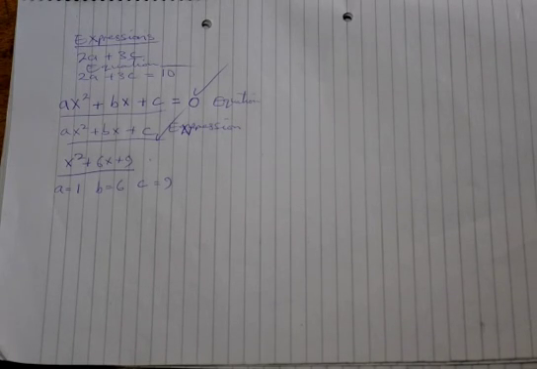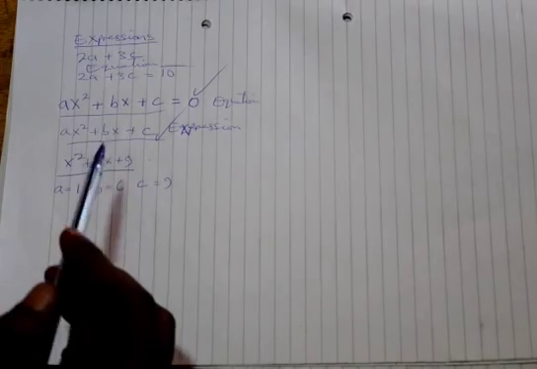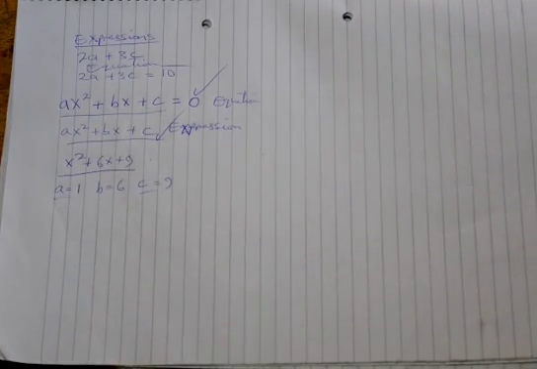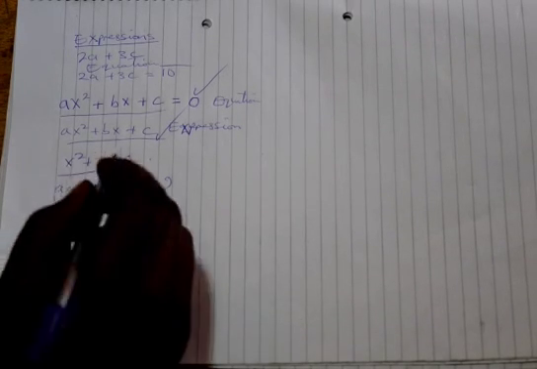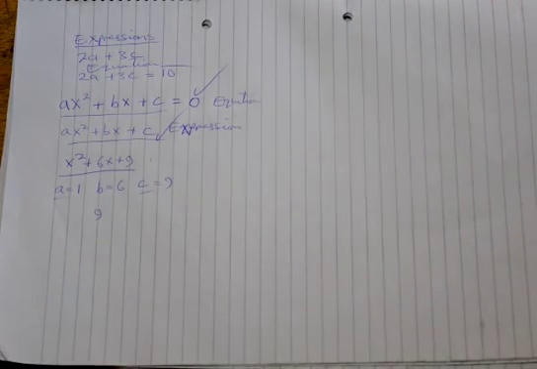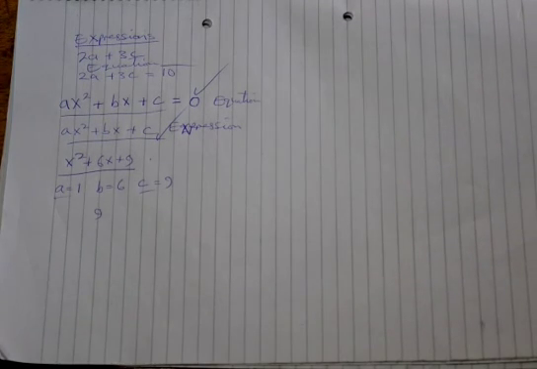Now what we do is that we check the product of a and c. For example, here we have 1 times 9, which is 9. Now which two numbers, when you multiply them you'll get 9, and when you add them you'll get 6?